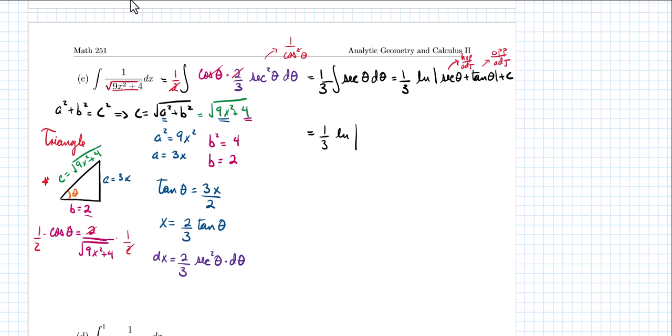The hypotenuse was the square root of 9x squared plus 4 over the side adjacent, which was 2, plus the opposite, which in this case was 3x, divided by the side adjacent, which is 2, plus c.